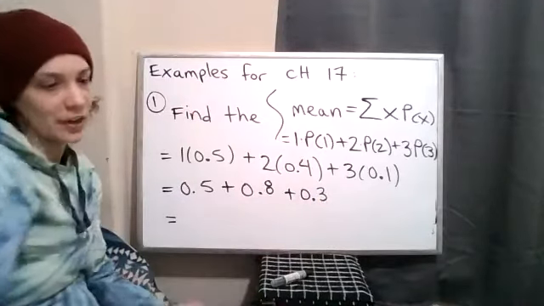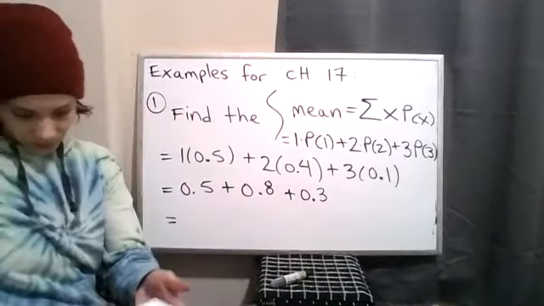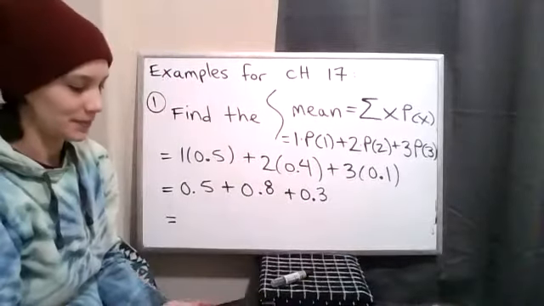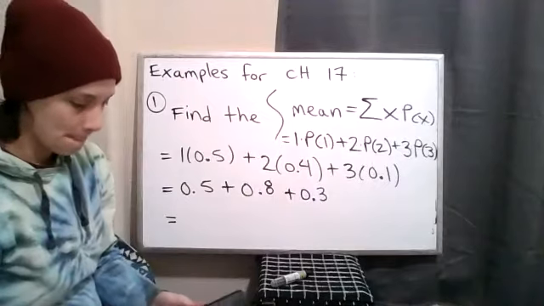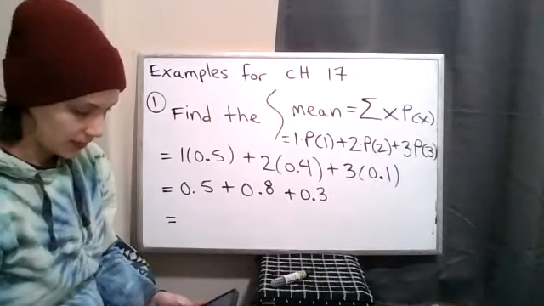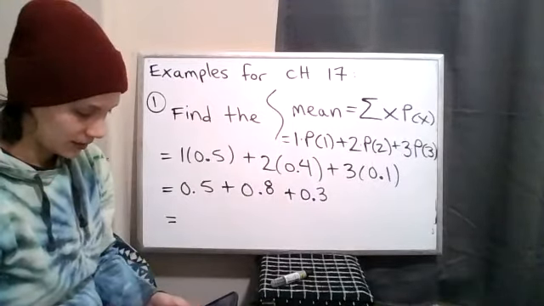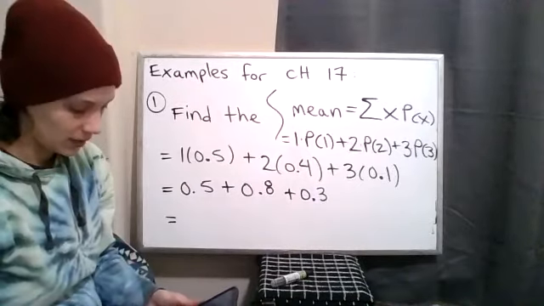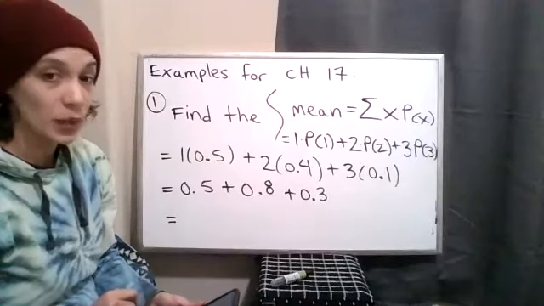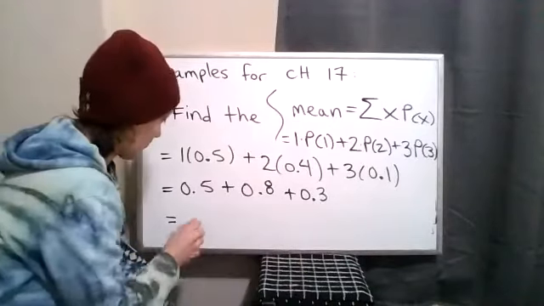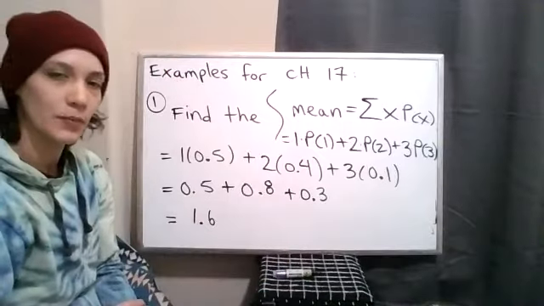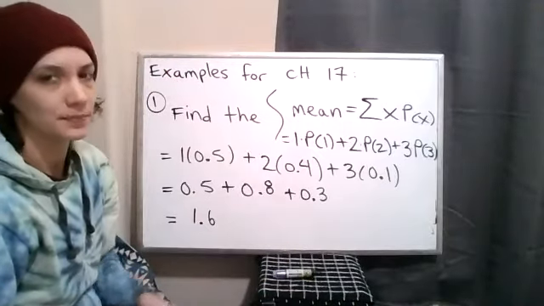I'm just going to grab the calculator. Cool. 0.5, plus 0.8, plus 0.3. I got 1.6. 0.8 plus 0.8, yeah, that makes sense.